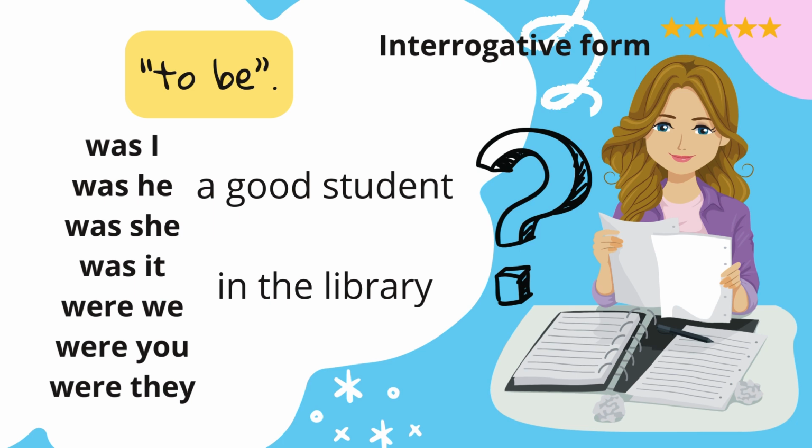Or imagine that some of your classmates missed the English class and the teacher asked you, were you in the library or were they in the library? So you are going to answer, was he a good student? Yes, he was, or no, he wasn't. Was she in the library? Yes, she was, or no, she wasn't. Okay? And that is the way that we are going to use the verb to be.